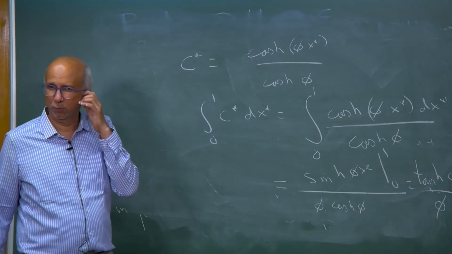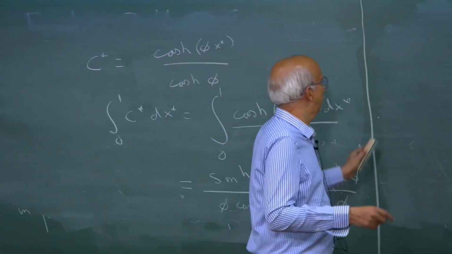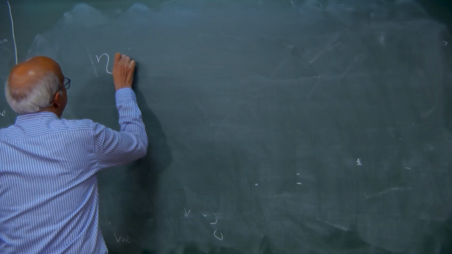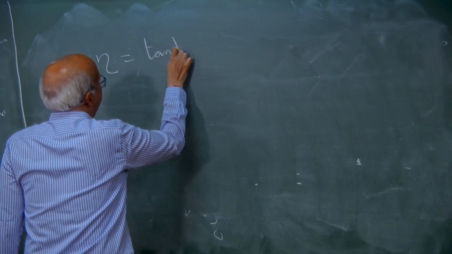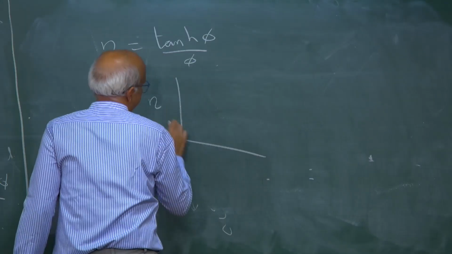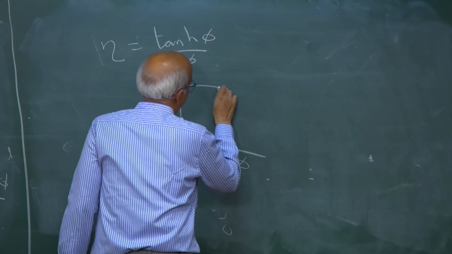So, what I want you to do is go to one of the software packages and plot this. Eta is defined as tan hyperbolic phi divided by phi. If you were to plot eta as a function of phi, you will get some curve like this.